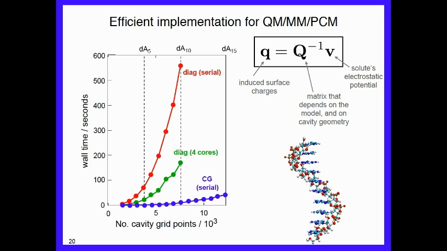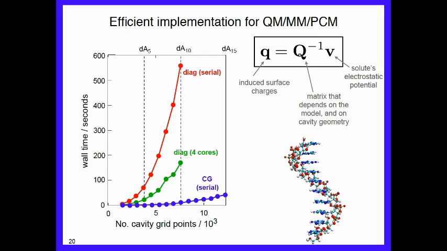So I said that if we want to use PCM boundary conditions for complex systems, there are two problems. The first of which is the discontinuity problem, which it appears that we have solved. The second of which is that the cost of solving PCM linear equations scales like n cubed, where n is the total number of discretization points, and that's growing with the number of MM atoms for a QM/MM PCM calculation.